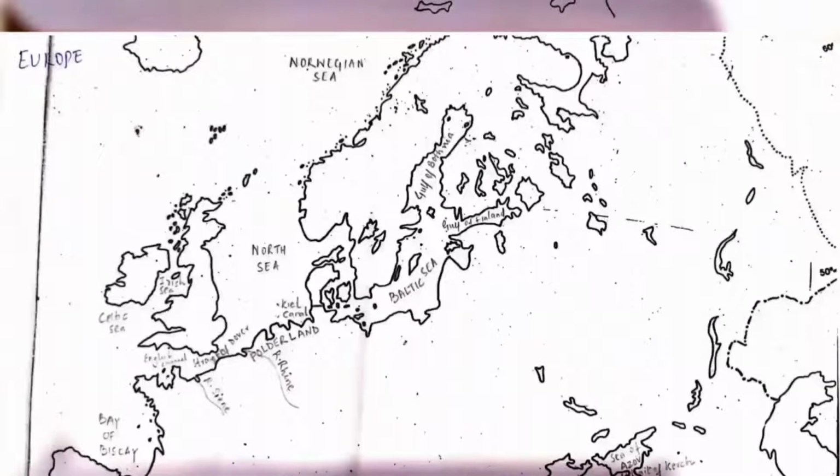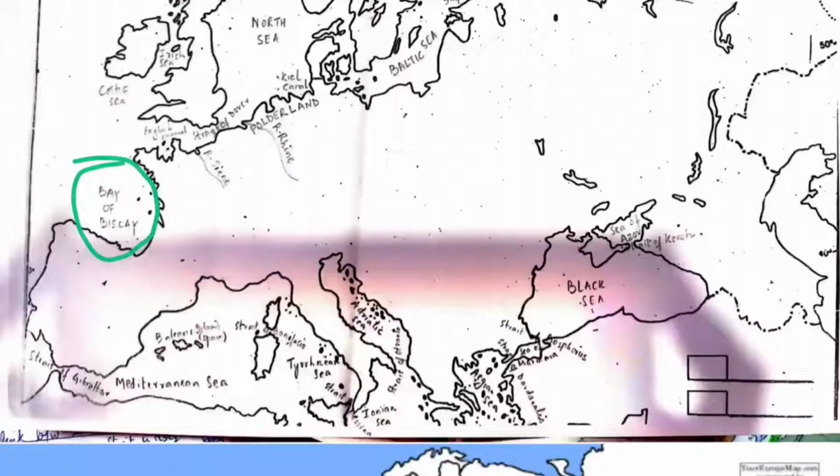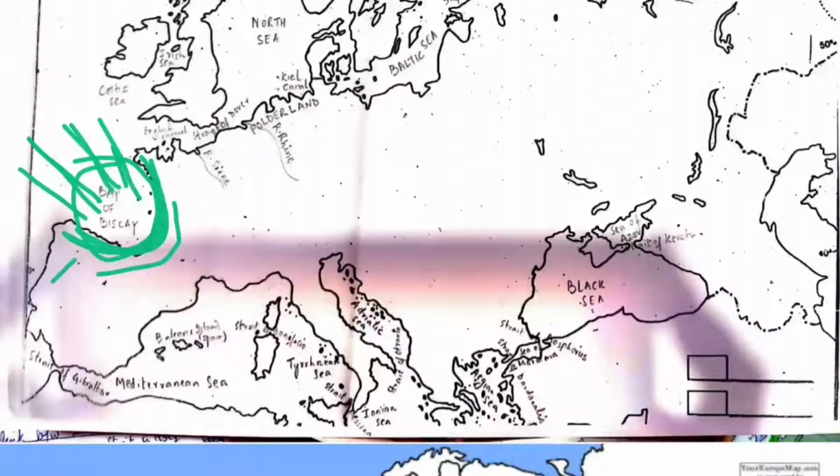Moving forward, we have the Bay of Biscay. This is Bay of Biscay here. Bay, we know that this is an inland water body, and this inlet is surrounded by land. This water is coming towards a land which is curved in shape, and this Bay of Biscay bounds the coasts of France and Spain.